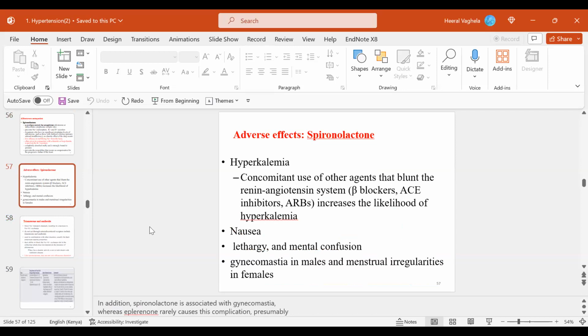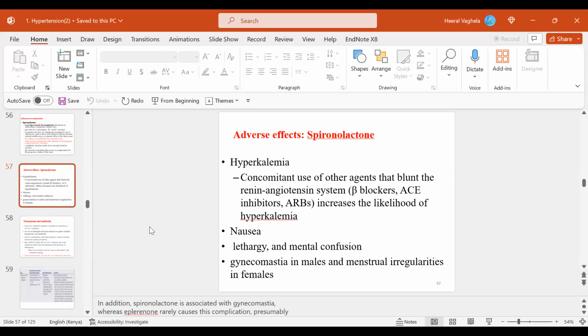So just an overview about the diuretics. You have the carbonic anhydrase inhibitors like acetazolamide. You have the thiazide hydrochlorothiazide, which causes hyperglycemia, hyponatremia, hypokalemia, and hyperuricemia.